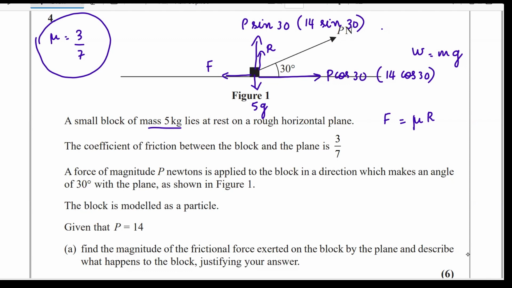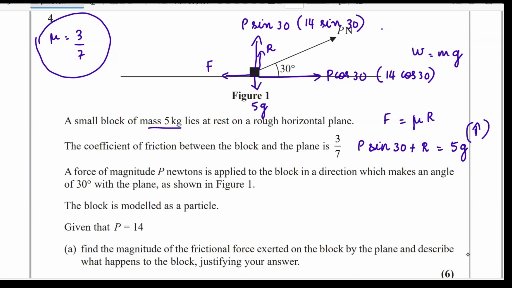The forces acting up are P sin 30 plus R, which equals the force acting downwards, 5G.